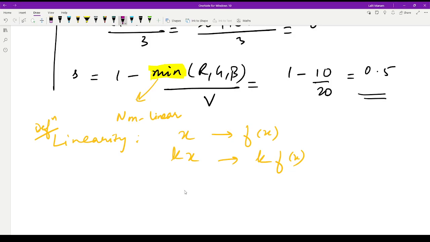Minimum, we have to consider at least two elements x and y. So if we scale the elements with the same factor, let it be for instance x.